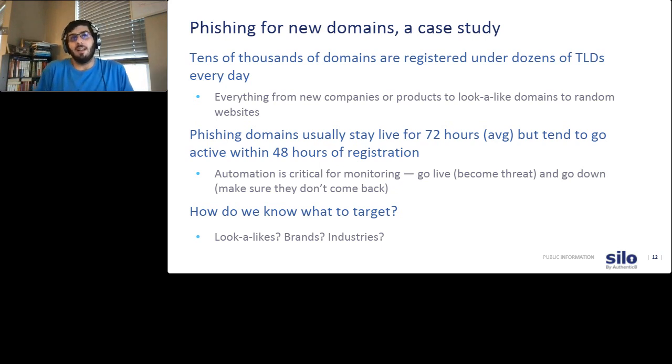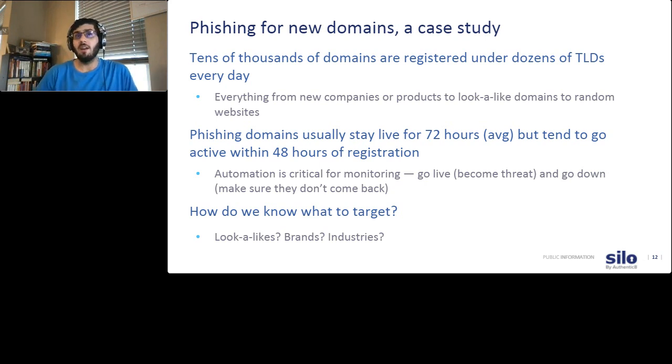So we came into this focusing on phishing domains with respect to the newly registered domains we were looking at. And because we were focusing on phishing, time was of the essence. Phishing websites are notorious for going up quickly, I think 24 to 48 hours, and being blocked or taken down within a week or two.